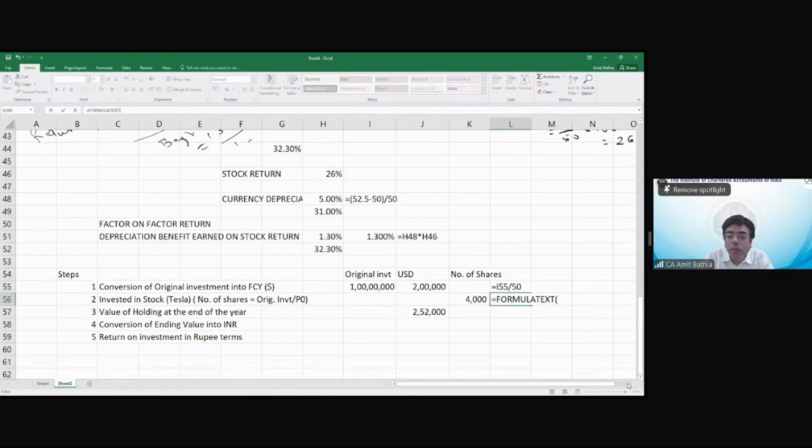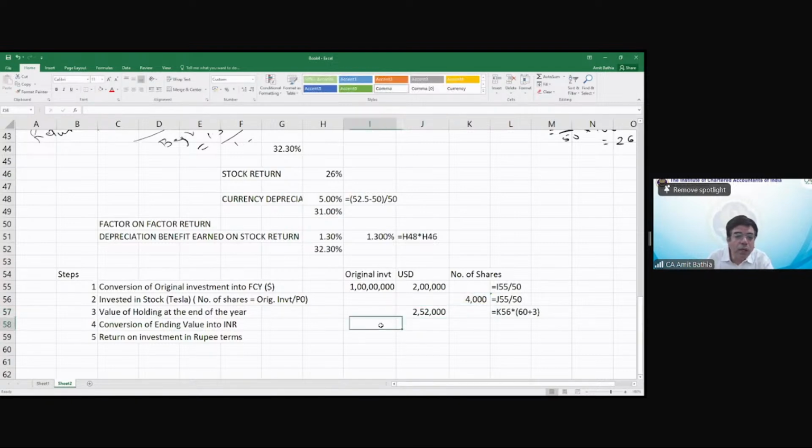How did I get this amount? That is nothing but 2 lakhs divided by 50, 4,000 shares. And then, how do I get 2,52,000? So it is 4,000 into 60 plus 3.